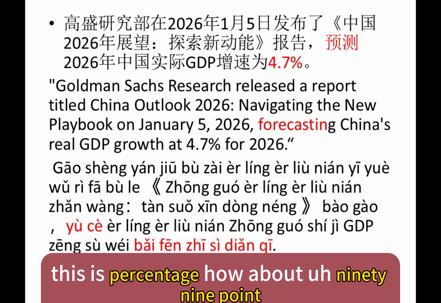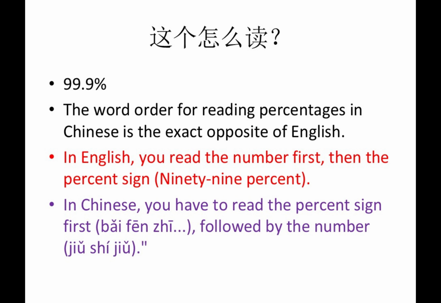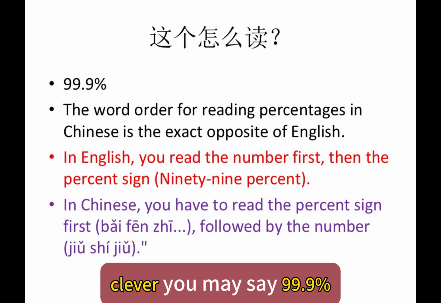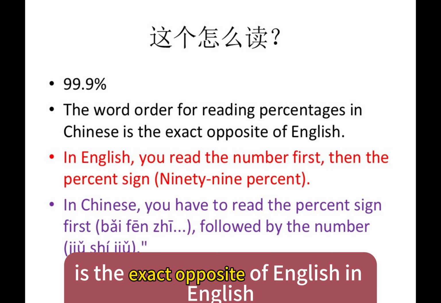How about 99.9% in Chinese? Clever, you may say 99.9%. Yes. The word order for reading percentages in Chinese is the exact opposite of English.